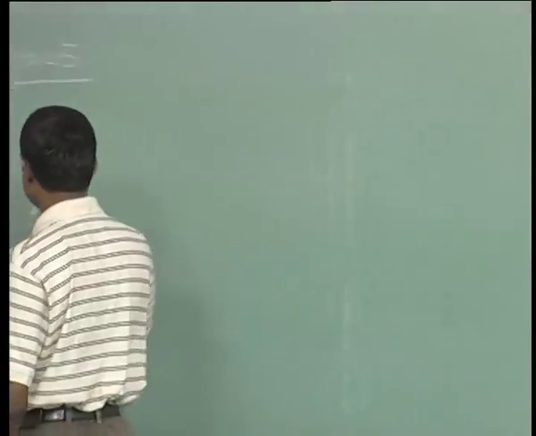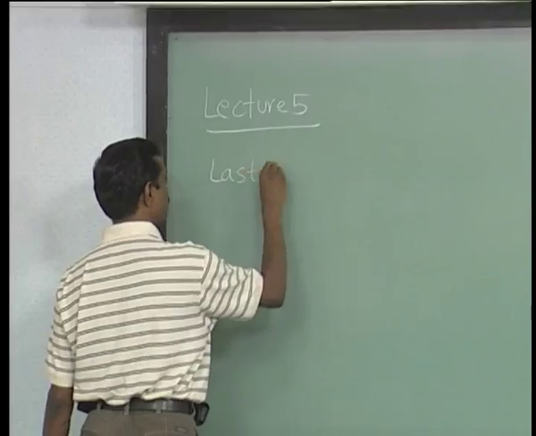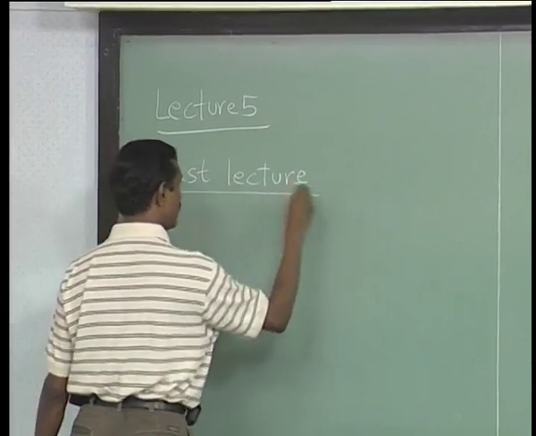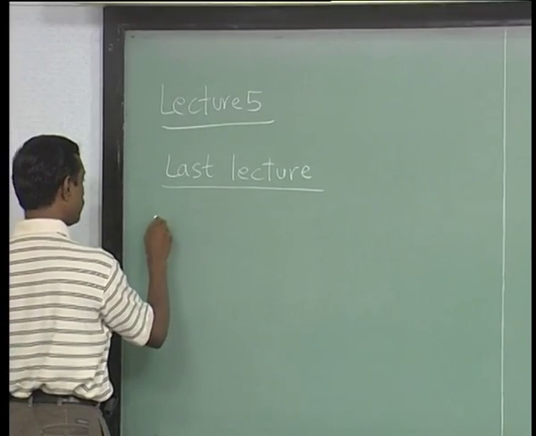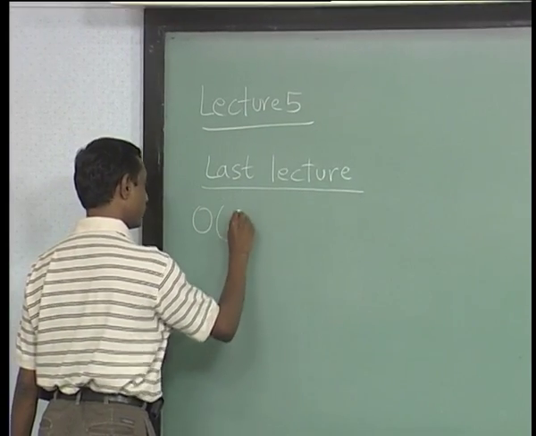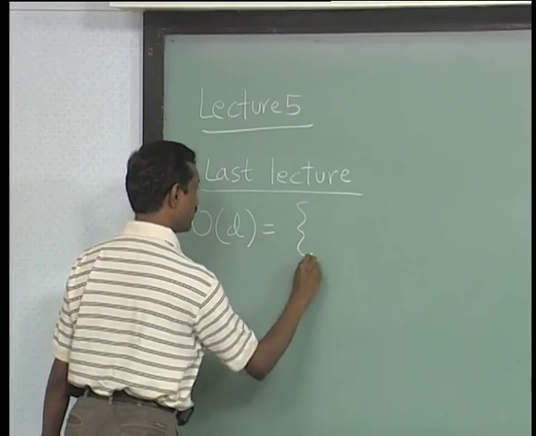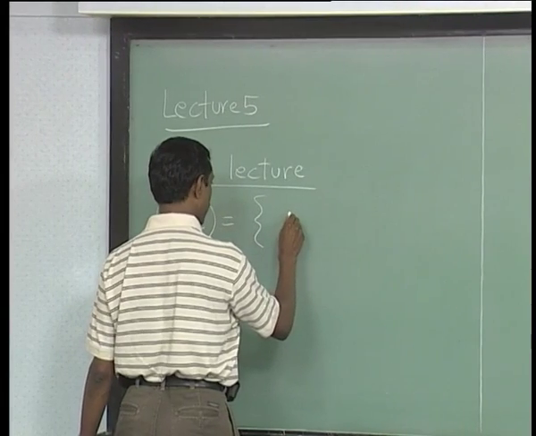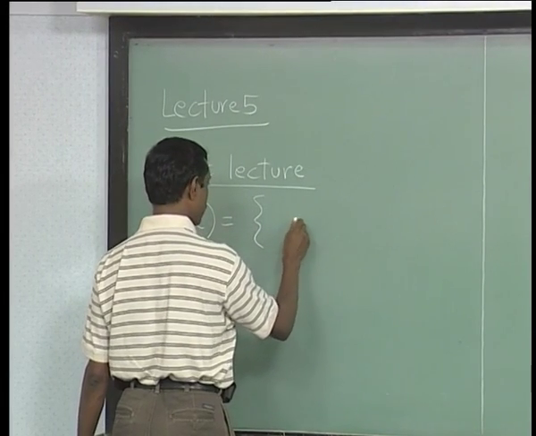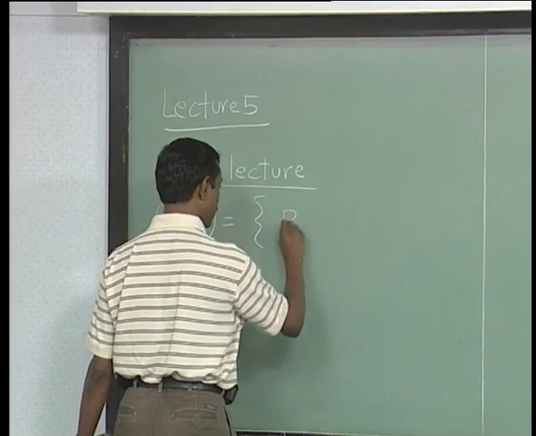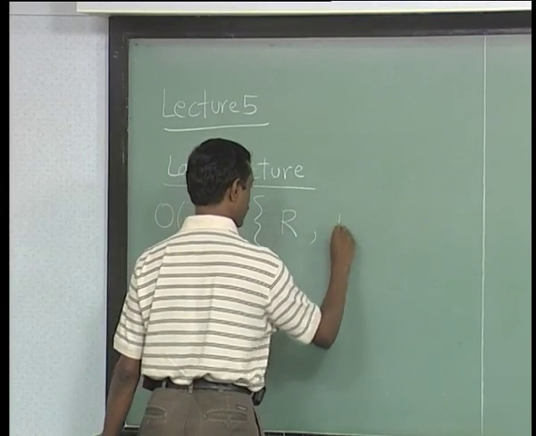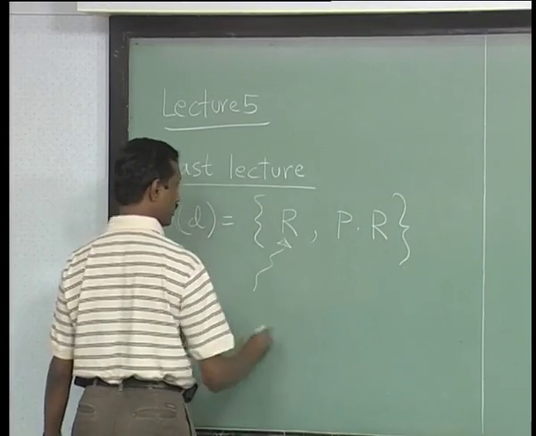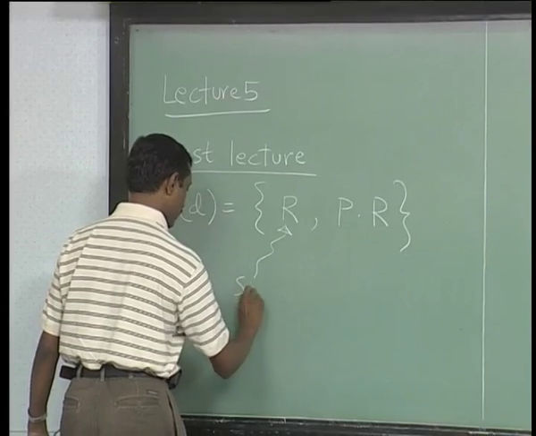So, last lecture we saw that the orthogonal group, the set of elements that can be written in the form of special orthogonal matrices, let us call them R, and P dot R, where R was an SOD matrix.